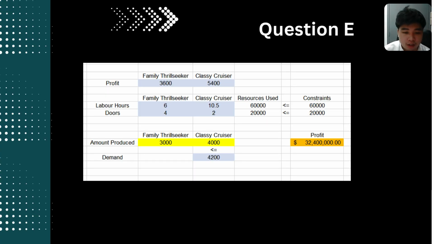The demand for Classic Cruiser is increased by 20%, which would equal 4,200 cars, and the labor hour capacity would also increase by 25%, which would equal 60,000 hours, which means the plant needs to produce 3,000 Family Thrill Seekers and 4,000 Classic Cruisers for a maximum profit of 32,400,000.